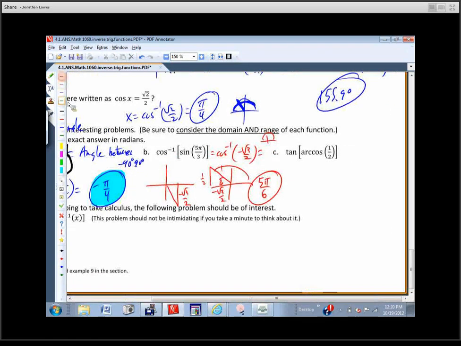Okay, last one. We're almost done. Again, working from the inside out, we're going to draw a picture in which quadrant, since it's cosine inverse? Quadrant 1 because it's positive, right? If you know that chapter 1 stuff, this just goes really quickly.